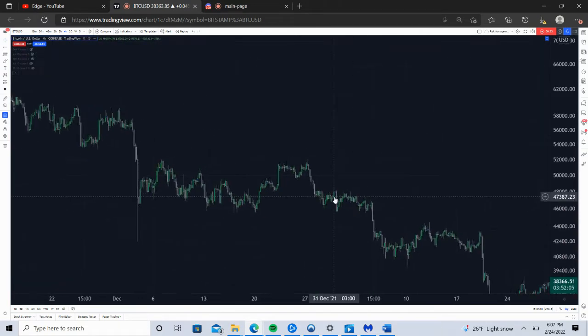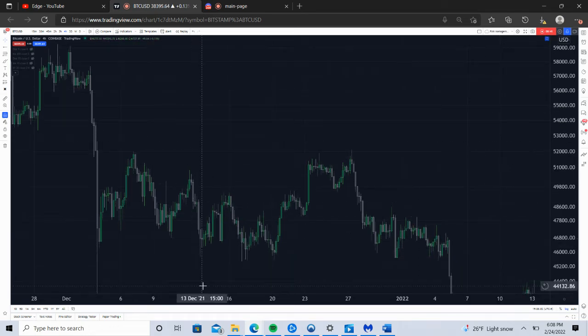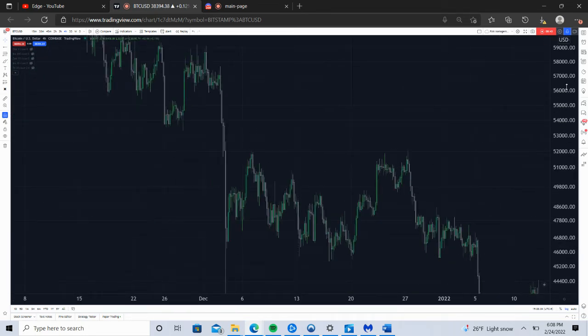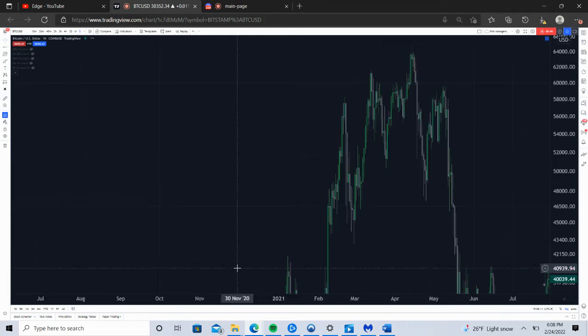So if we zoom in on this, this is in the context of more of a high time frame order flow, right? You can see it on the daily chart.